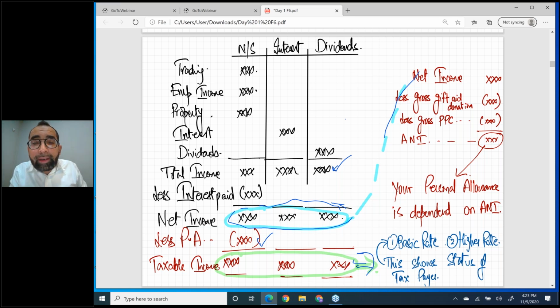So don't forget, whenever you need to check the status of a taxpayer, always use total taxable income and bands. So you will come to know whether this person is a basic rate taxpayer, higher rate taxpayer, or additional rate taxpayer.